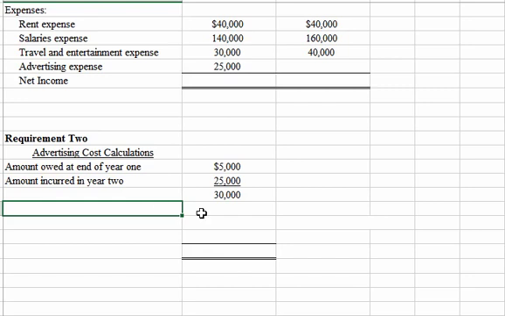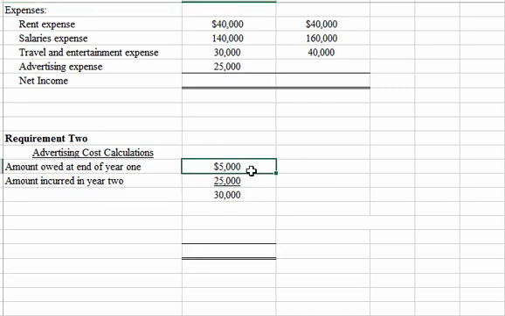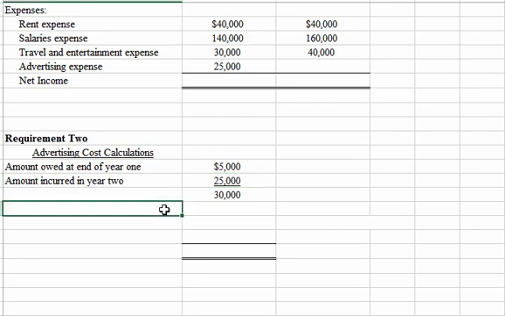During year two, we owe the advertising agency $30,000, $5,000 for costs incurred in year one that didn't get paid in year one, and then $25,000 for costs incurred in year two. And we want to subtract out the amount that we paid them in year two. What's left will be our liability owed to the advertising agency at the end of year two. Okay, I hope that makes sense.